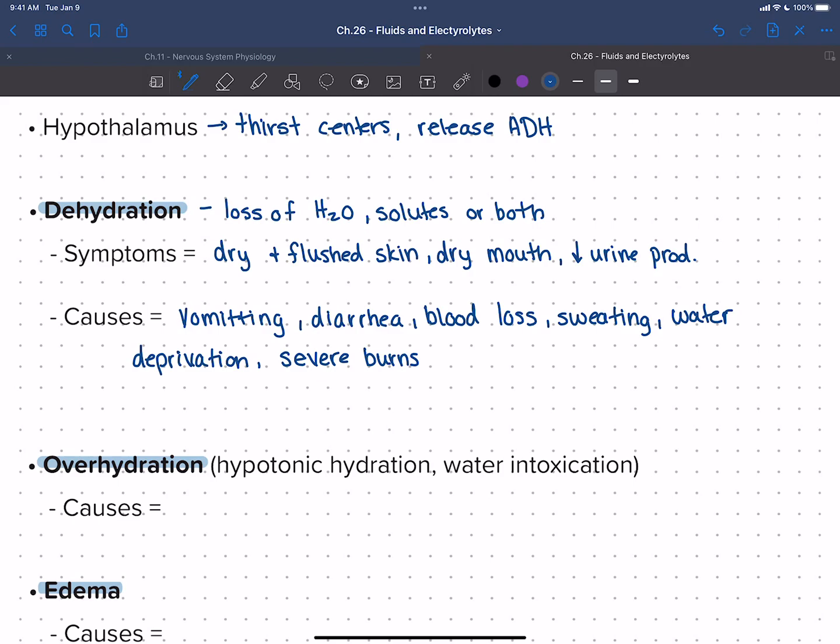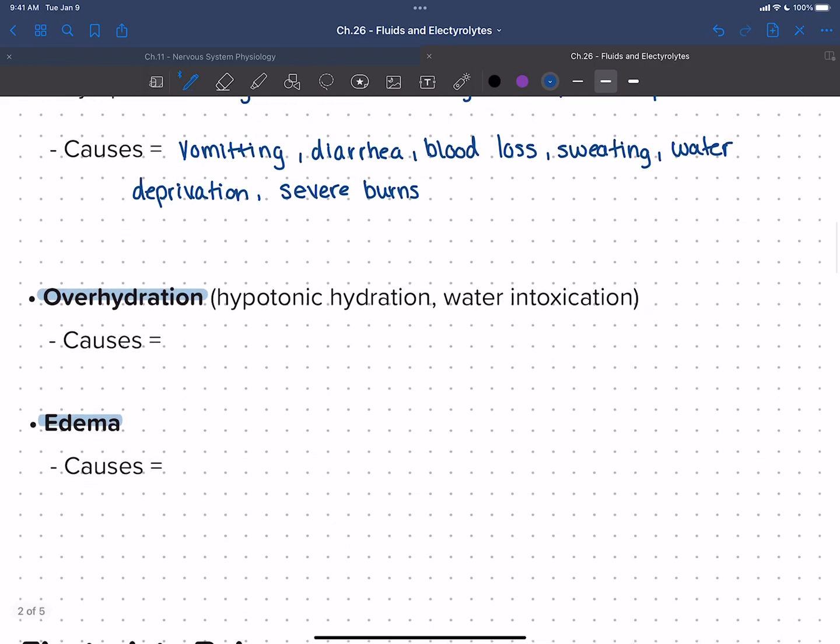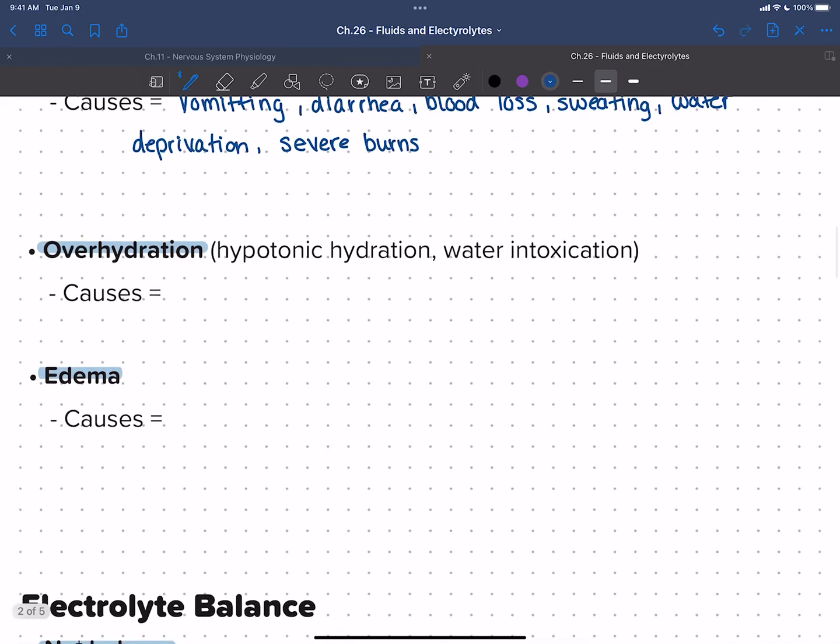Now let's talk about the opposite, all right? So overhydration. This is also called hypotonic hydration or water intoxication, all right? So this can be caused, obviously, by drinking a lot of water, all right? So primarily you need to drink a lot of water in a very short period of time. So drinking a lot of water very, very quickly, right?